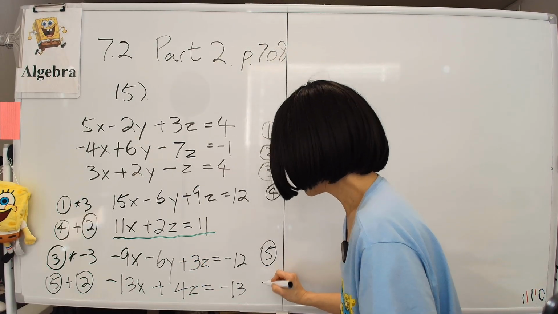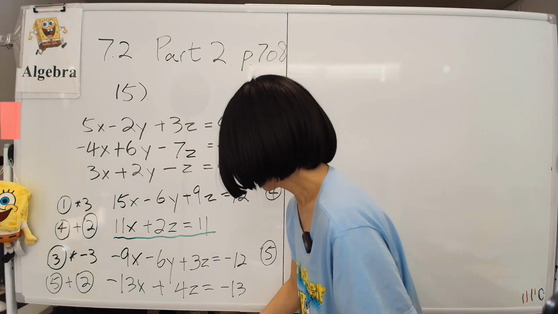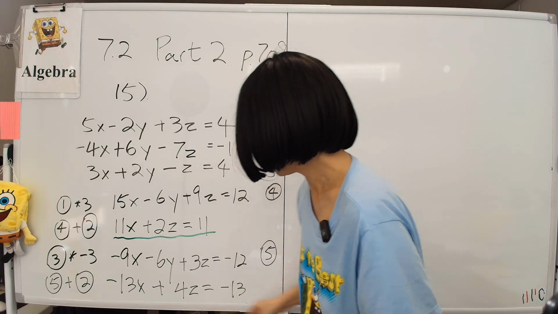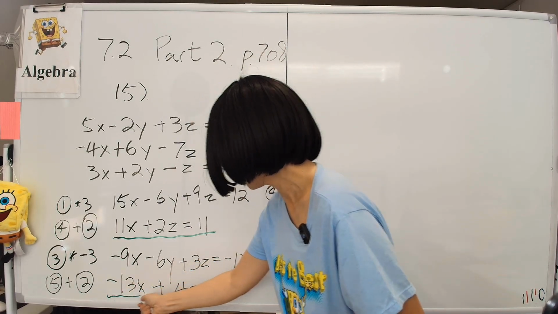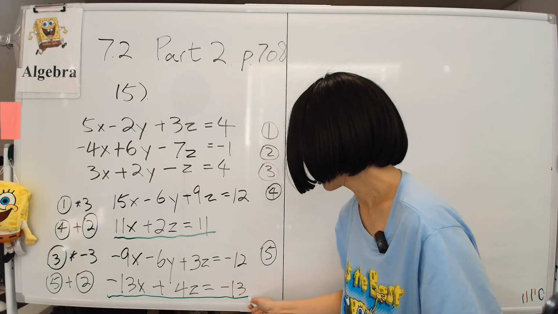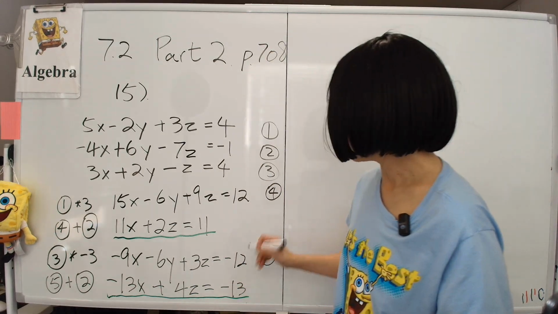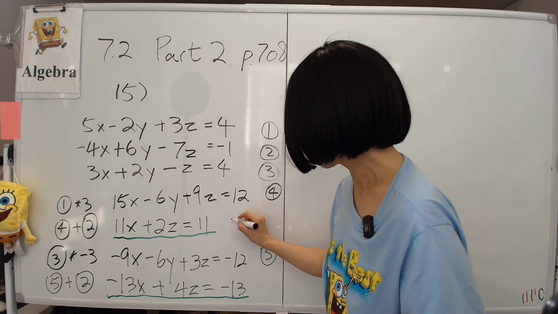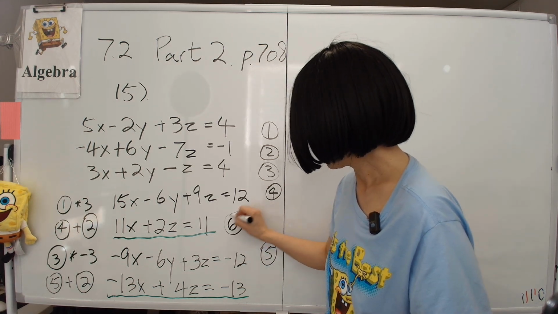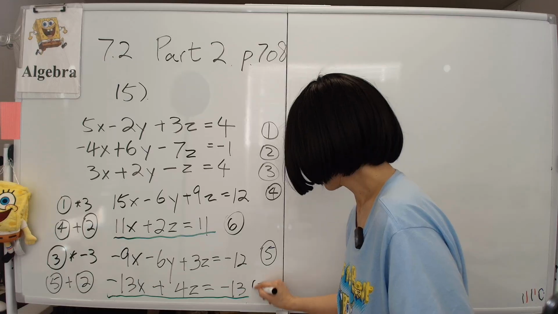We'll underline this in green because this is our second 2 variable equation. Let's call this equation 6, and this one will be equation 7.